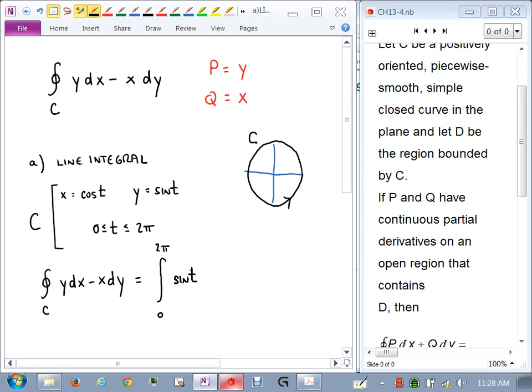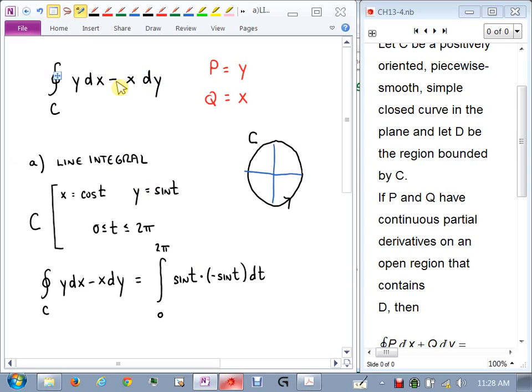Sine t times dx. What's dx for us? Well, it's the derivative of the x, so negative sine t dt.